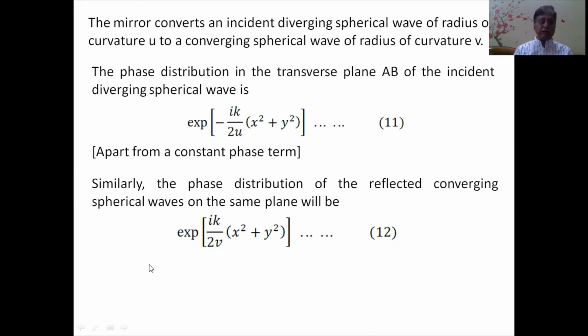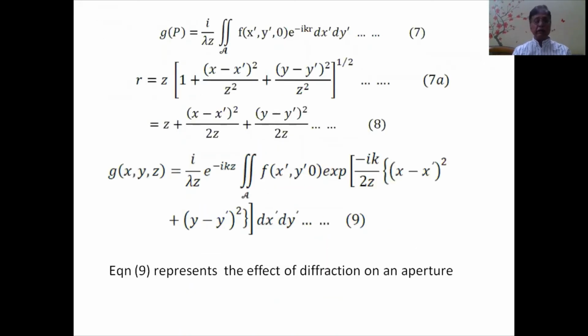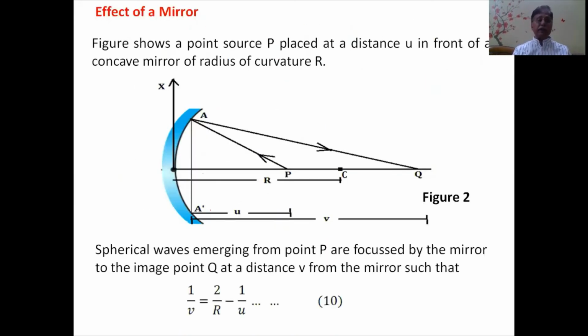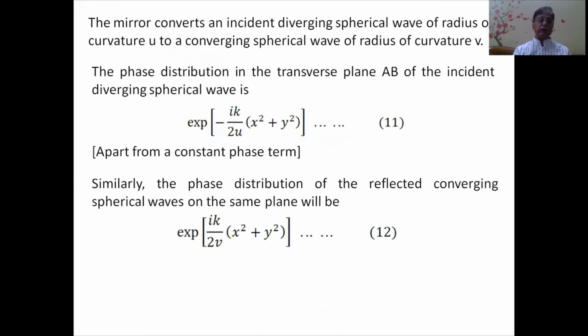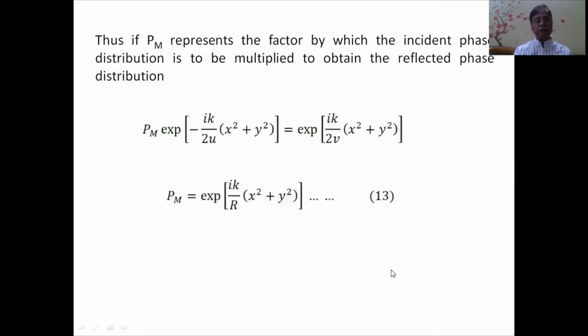So if a beam is moving from one point to the other in between the two mirrors, diffraction will be given by expression 9, and because of reflection on the mirror, the phase distribution will be taken as given by the expression 13.